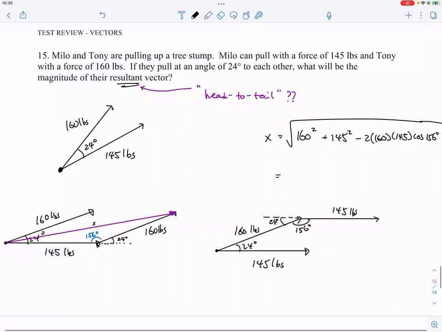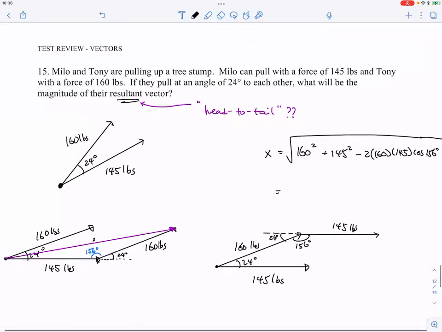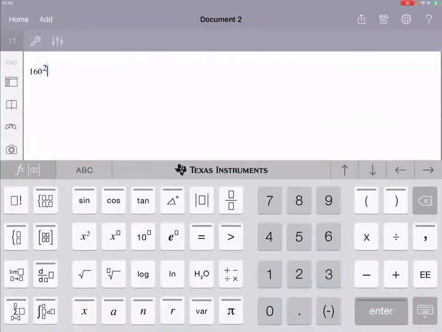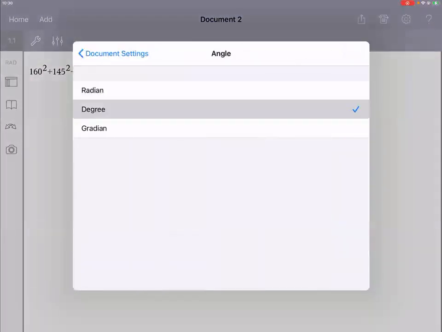So with this, I'm going to calculate. If you need a calculator, get a calculator first. 160 squared plus 145 squared minus 2 times 160 times 145 cosine of 156 degrees, and let me make sure that it's in degrees.